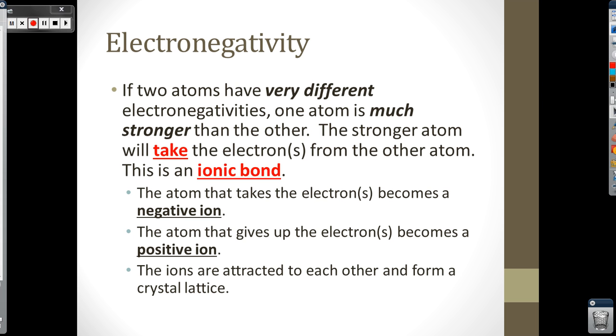The atom that gives up the electron becomes a positive ion because now it has one less negative charge than positive charge. And the ions are attracted to each other because they have opposite charges. And so they're going to come together and form a crystal lattice, which is what our ionic compounds, when they're in a solid form, look like.